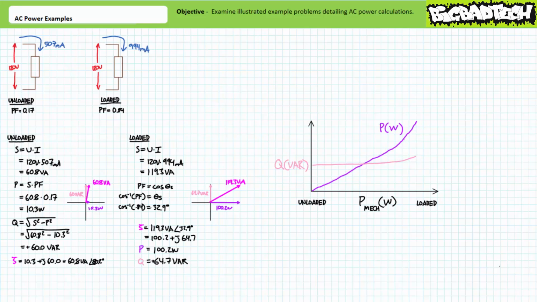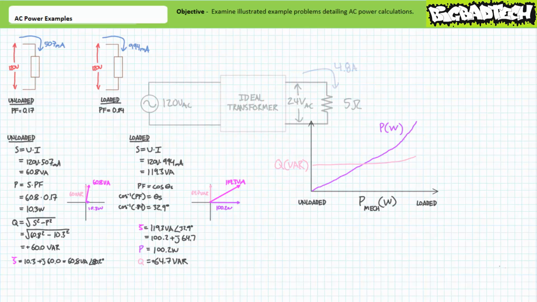This is to imply that induction motors consume real power roughly linearly proportional to the applied load, but at all times must consume a relatively constant amount of reactive power simply to keep the motor spinning. We'll examine this feature and much more about induction motors in later lectures.